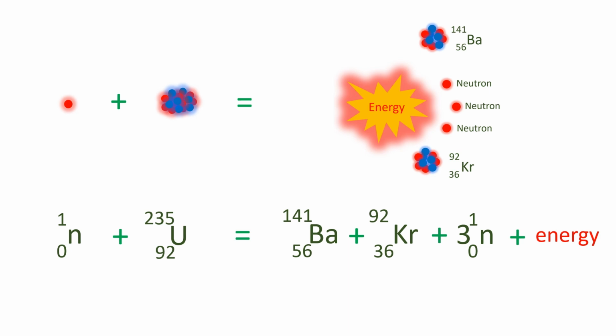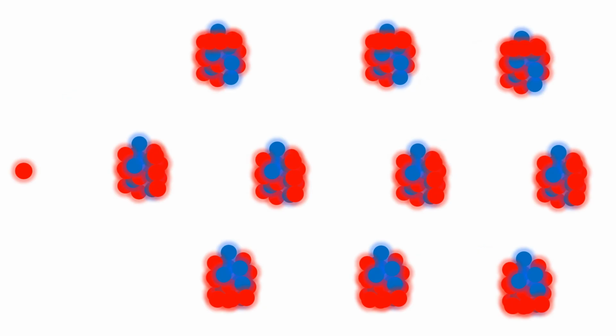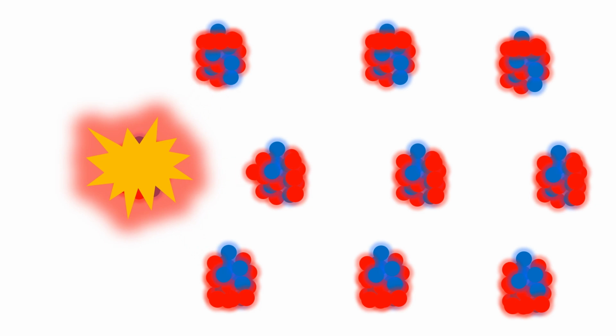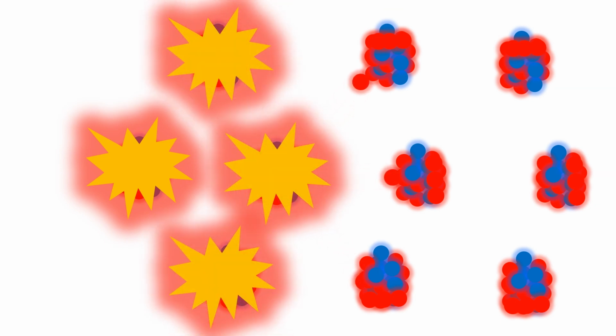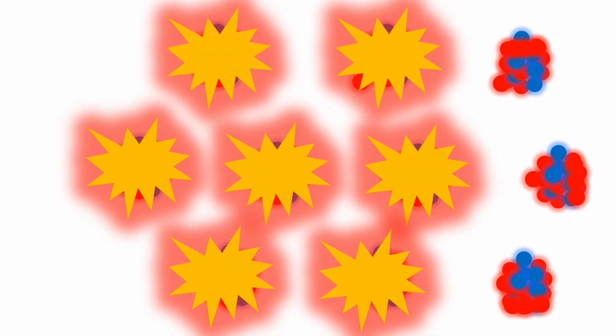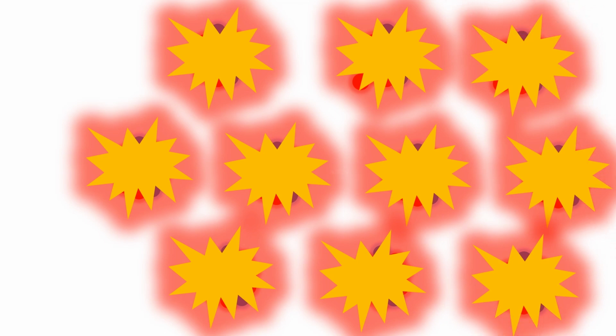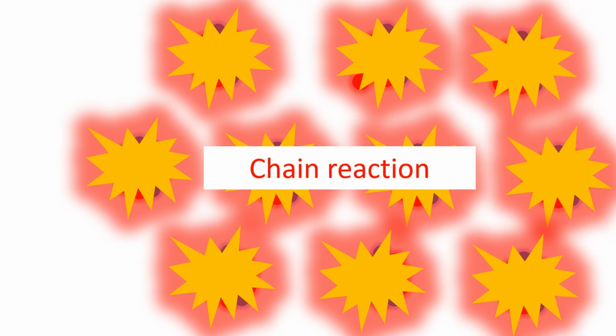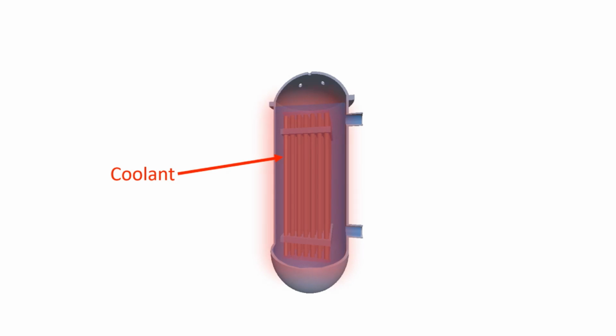The 3 neutrons released can collide with other uranium nuclei, causing them to split and release more neutrons and energy. This creates an exponential chain reaction. The heat released from fission is used to heat a coolant, often heavy water, which also acts as a moderator.